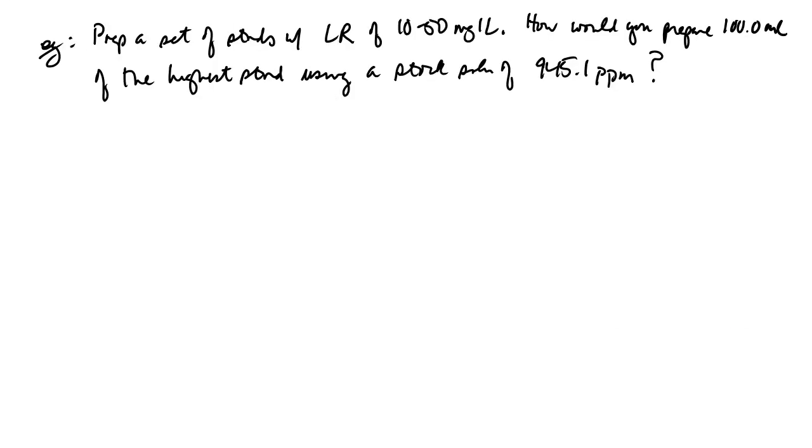Now, I don't know which form of the dilution equation you want to use, but I'm just going to think of this 945.1 ppm stock solution as C1. V1 would be the unknown. How many milliliters of that stock do I need in order to prepare the highest standard, that's 50 ppm, which is the same as milligrams per liter, and V2, that would be 100 milliliters.